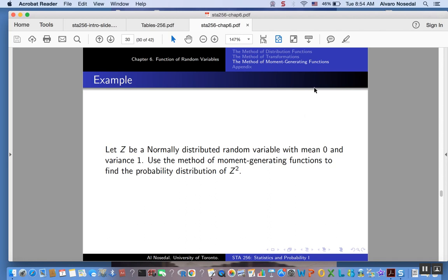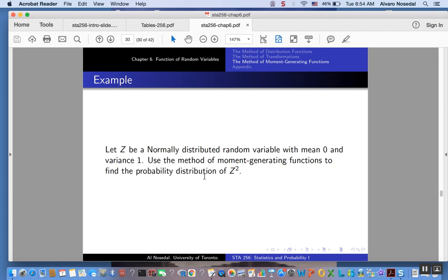Then you have to apply either the method of transformations or the method of distribution functions. On the other hand, the method of distribution functions is the one that will always work, but is the slowest in my opinion. So here we go. Let's begin.